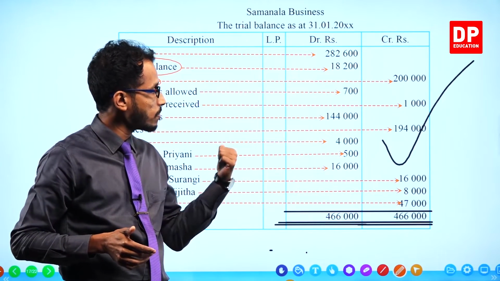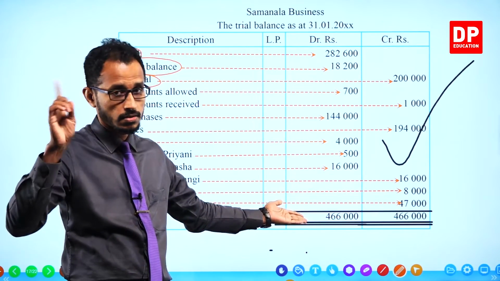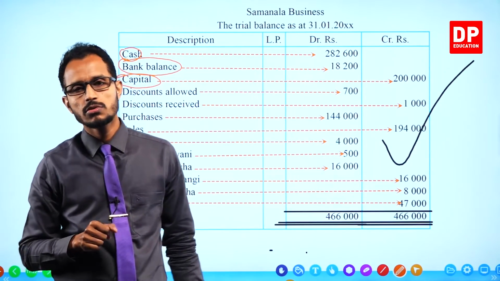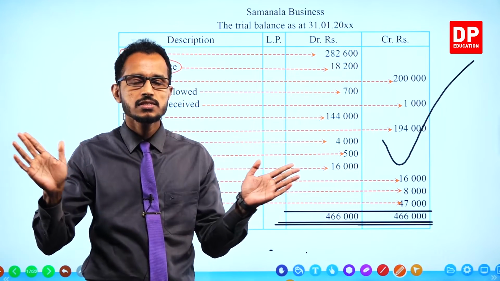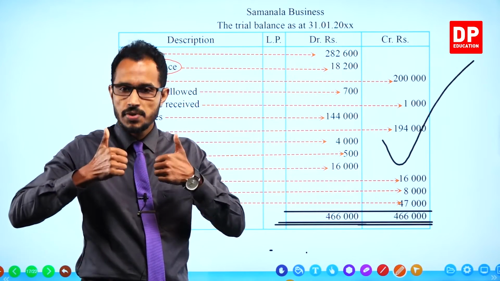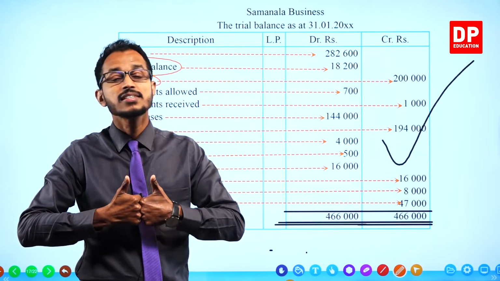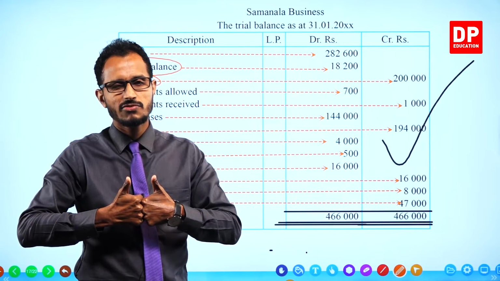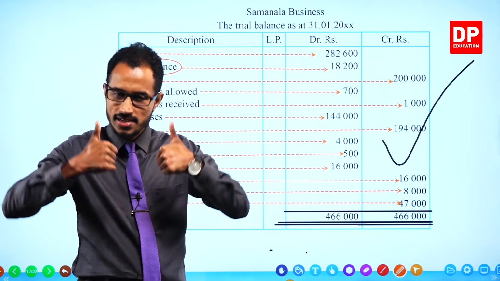But remember, even though the trial balance balanced, it doesn't mean all your accounting records, all your books and ledgers, everything is 100% correct. Unfortunately, it does not mean that.